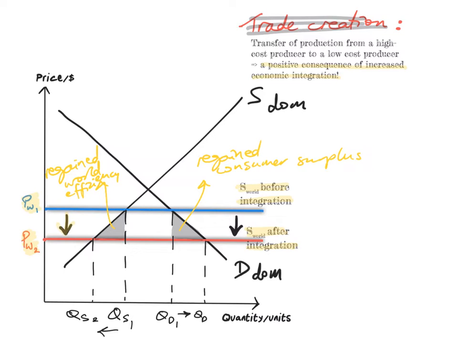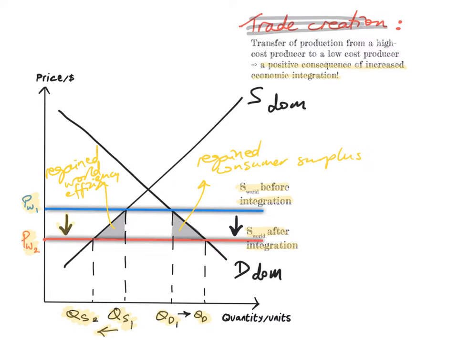It's a situation where entering into the trading bloc has actually shifted production from a less efficient producer to a more efficient producer. The domestic quantity demanded has now increased from QD1 to QD2, and the domestic quantity supplied has decreased, however, so the domestic producers will not benefit from this, because domestic quantity supplied has decreased from QS1 to QS2.